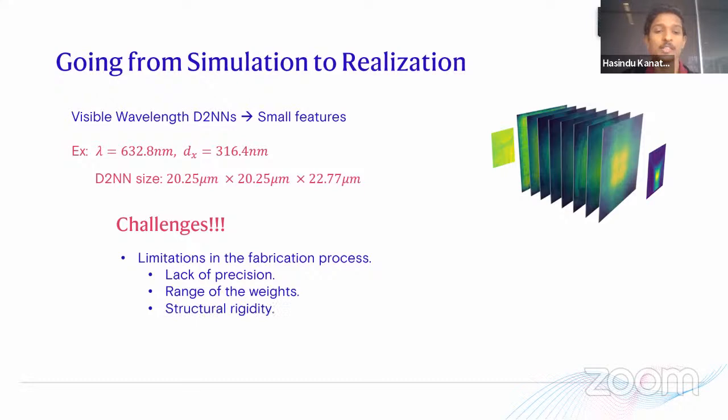There can also be issues with the structural rigidity of the fabricated network, limitations on the smallest feature size that we can fabricate, and other noise and artifacts that come into play when we go to physical realization.